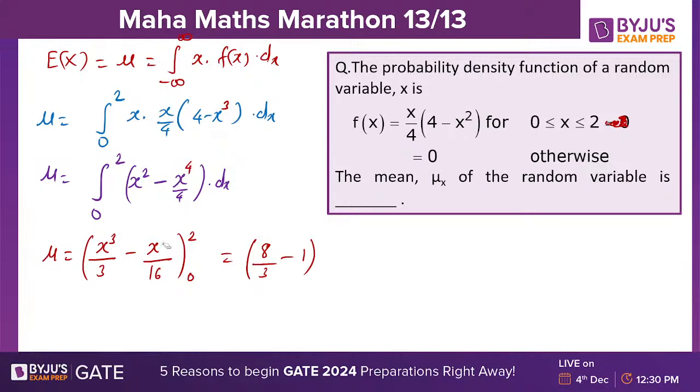Integration of x raised to 4 is x raised to 5, 4 fives are 20. Correct here? Okay. Now apply the limit. 2 cube is 8, 8 by 3. Then 2 raised to 5, 32 by 20. 32 by 20 is 8 by 5. Lower limit 0. 8 common. 5 minus 3 is 2, 2 by 15. So 16 by 15 will be our answer.